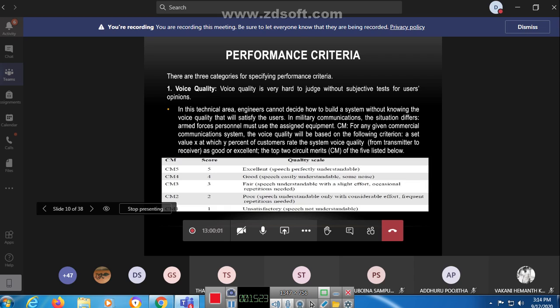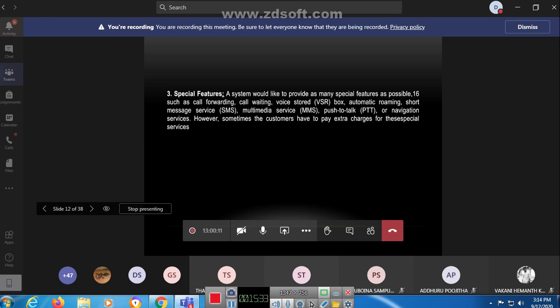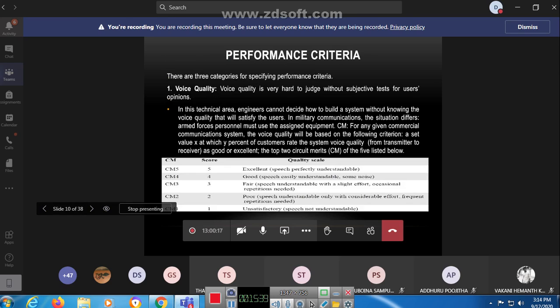First one is the voice quality, another one is the coverage service quality, and the third one is the special features. These three are the performance criteria.